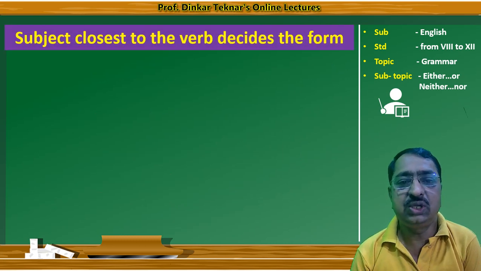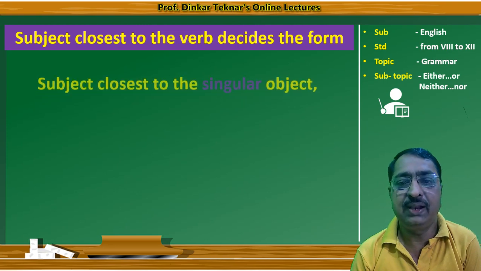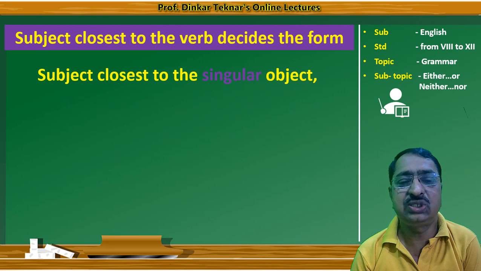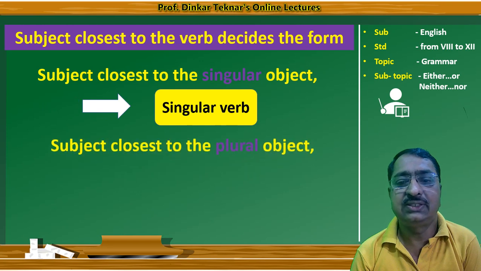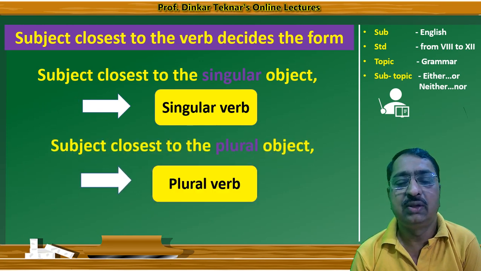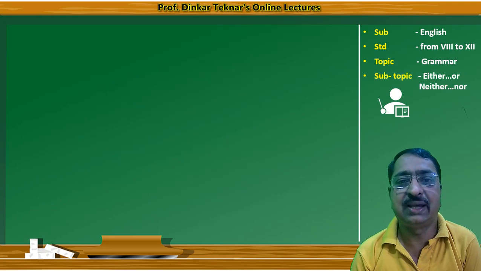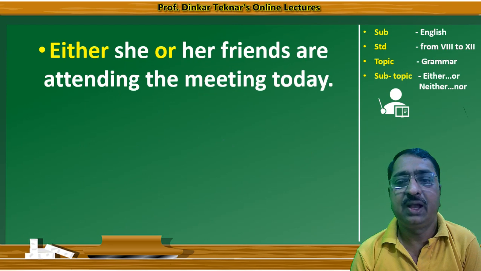The subject closest to the verb decides the form. For example, the subject closest to the verb shows a singular verb if singular, and a plural verb if plural. Let us see the examples. Either she or her friends are attending the meeting today.